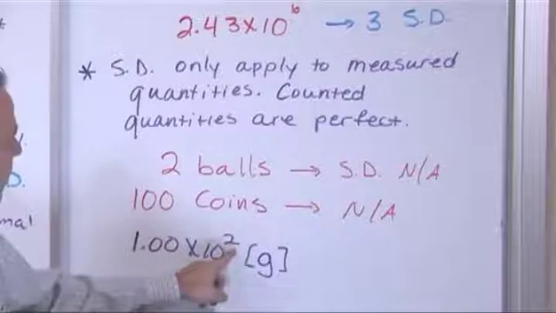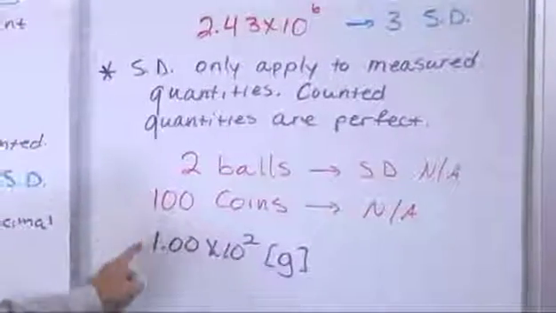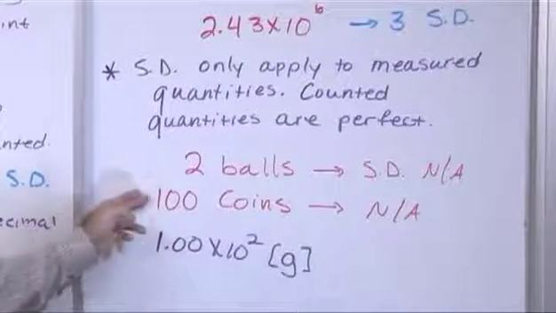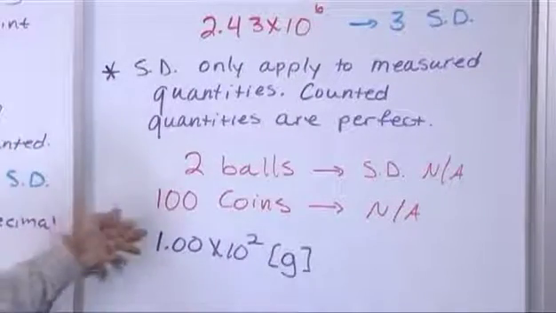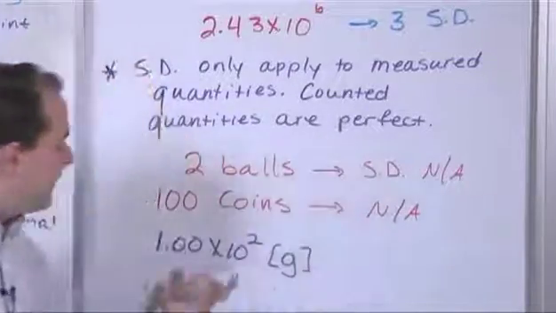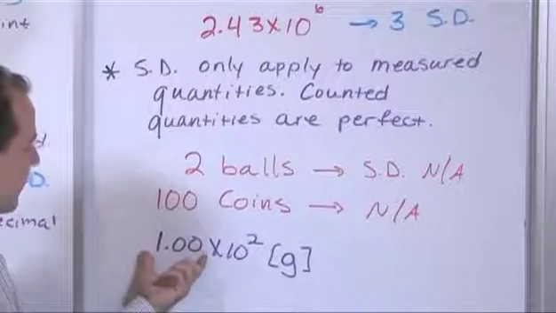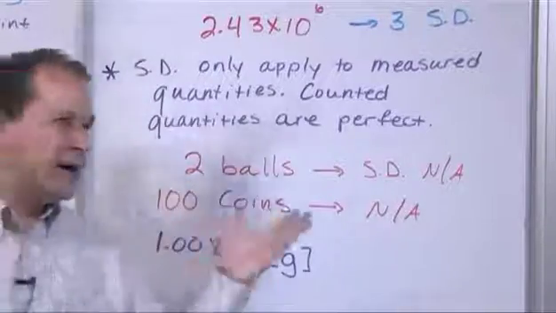Since there's a 2, you would be shifting this decimal 2. So these two numbers are exactly the same thing. 100 grams of something, and 1.00 times 10 to the 2 represents the same thing. It's just that here you're totally clear that it's 3 significant figures, and over here it's really not so clear.